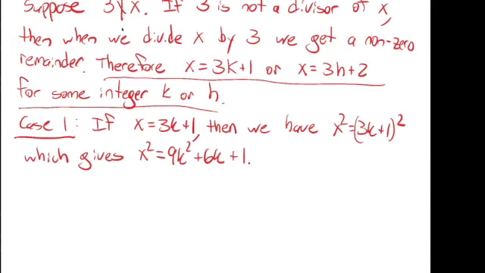If we can write it in that form, then when we divide by 3 we have a remainder of 1 or 2, which means not divisible by 3. So what can I do with this expression for x squared to show it appears in a form like this? What we're hoping to show is that if this is true about x, the same can be said about x squared.